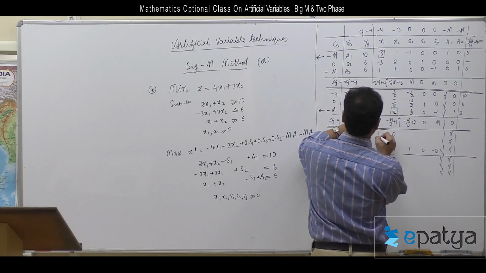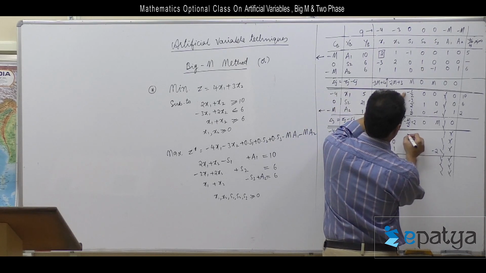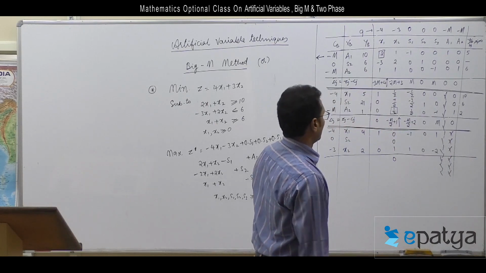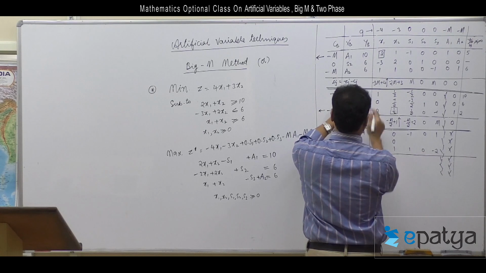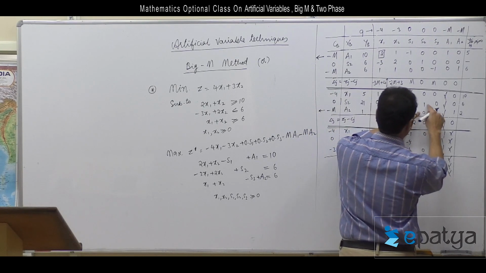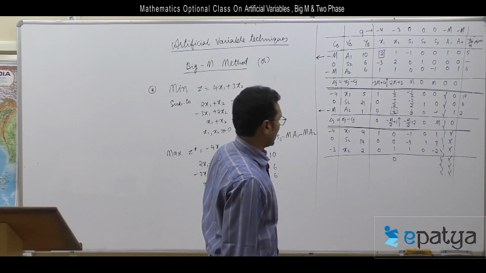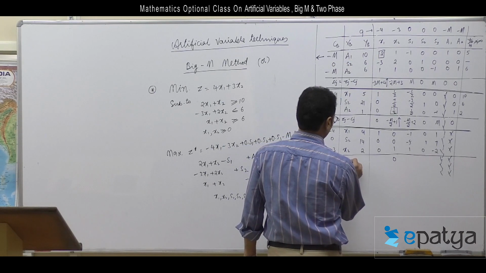Just subtraction 1, subtraction 4, subtraction minus 1, 0, 1. Minus 7 times and add, minus 7 times and add. Okay, delta J, Zj minus Cj.